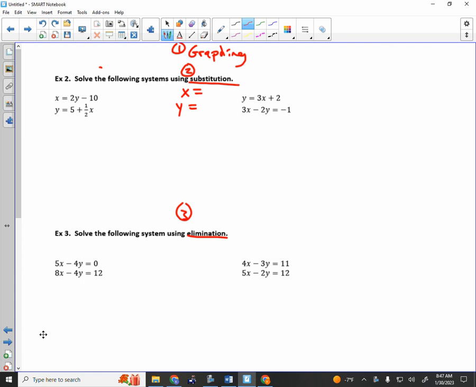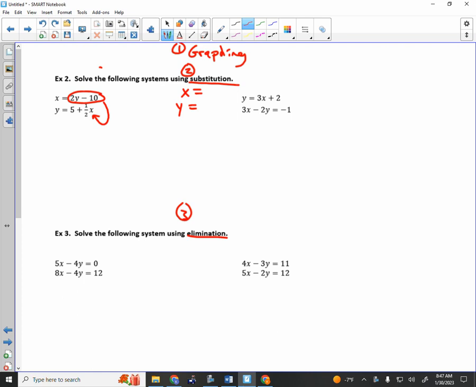So Alex, would you like to use the x equals or the y equals? It's up to you. Okay, so he's going to say I've got x is equal to, so I'm going to take this thing that x is, and I'm going to drop it right there. I'm going to put it wherever I see an x on the bottom one.